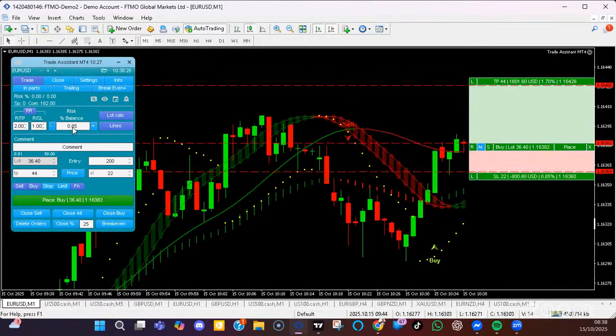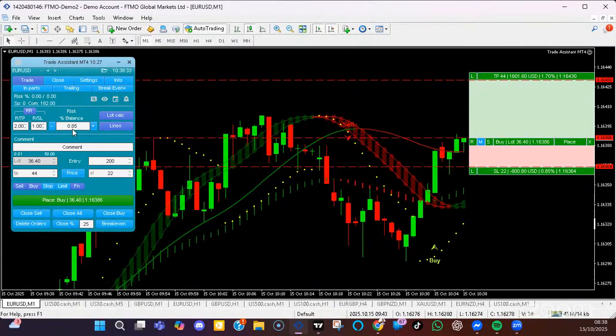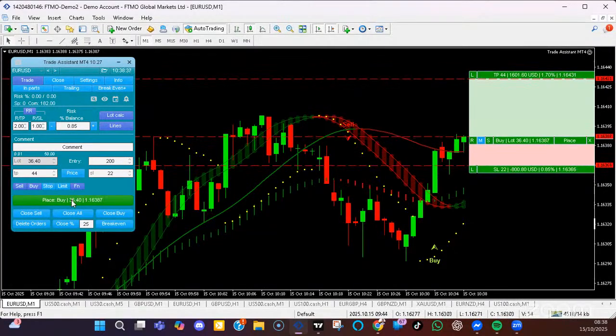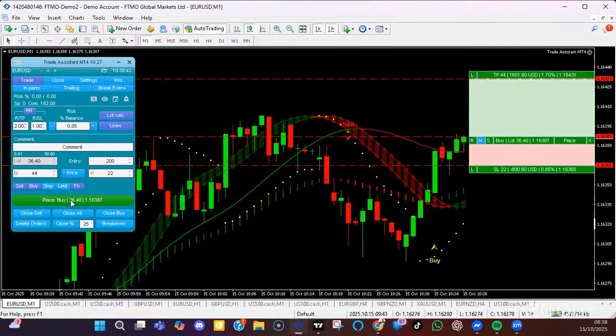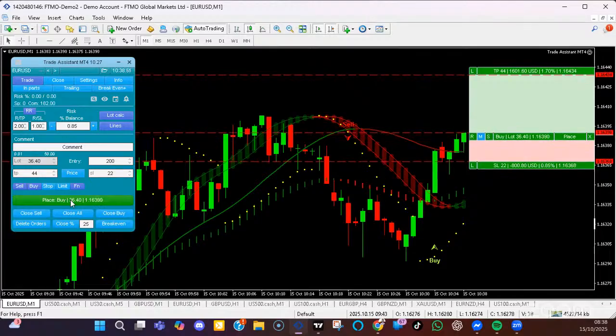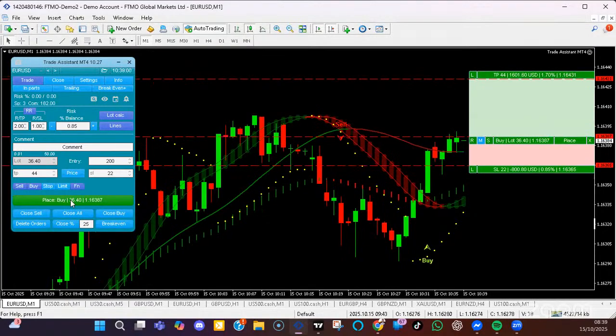Keeping 0.85% instead of 1% because of the low liquidity that we're experiencing with the EUR USD. That should take us somewhere around the 1% mark, I'm estimating. Won't be too far off it. So the trend line's just flickering green and red now. It's gone green now.